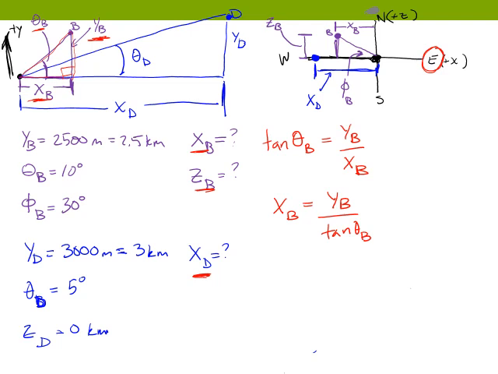So our x components, we know that when we write this down, this xb is going to be negative. We're going to have to put in the minus sign so that, to get the vector, this is really minus this altitude divided by the tangent of the angle. Similarly, when you go to solve for xd, this is also going to be a negative value. So you'll have to put in that minus sign.